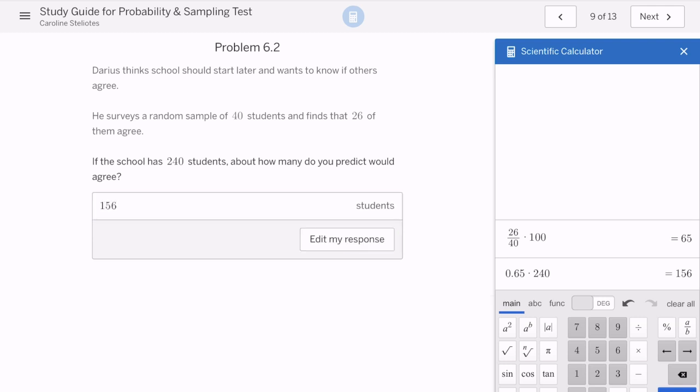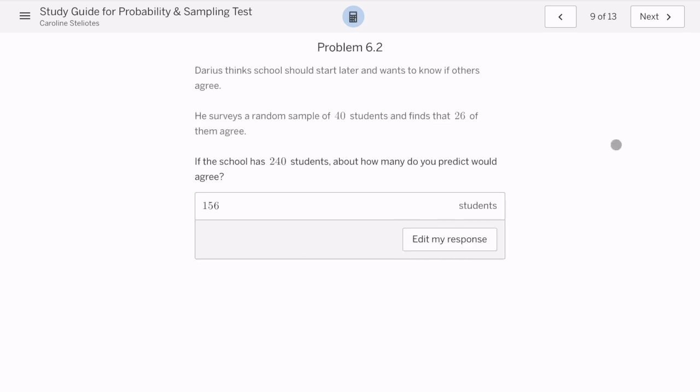So we predict that 156 students will agree by using the proportion we got, 26 out of 40, from the random sample, and then applying that proportional reasoning to say, based on the sample, we can make this prediction about the whole population. It probably won't be exactly 156, but that's our best mathematical approximation, and it should be close to that.